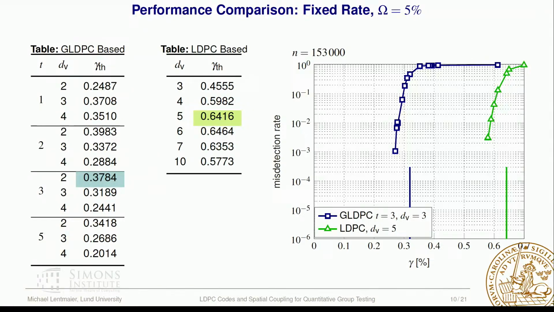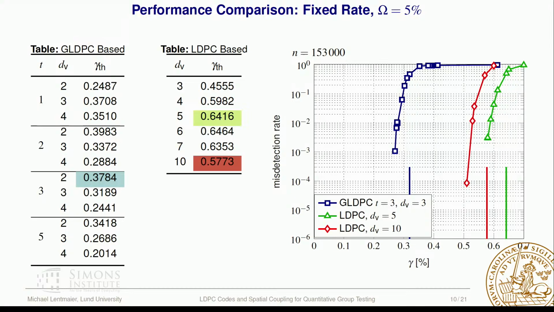Not yet, no. This is for a fixed rate now. We can do it for different rates, so we have these two types of comparisons. If we increase the variable node degree a lot, we see that it gets worse. This is because we don't use coupling, so this is just using regular codes. It doesn't mean that we get better if we make the subcode stronger. So the coupling comes now.